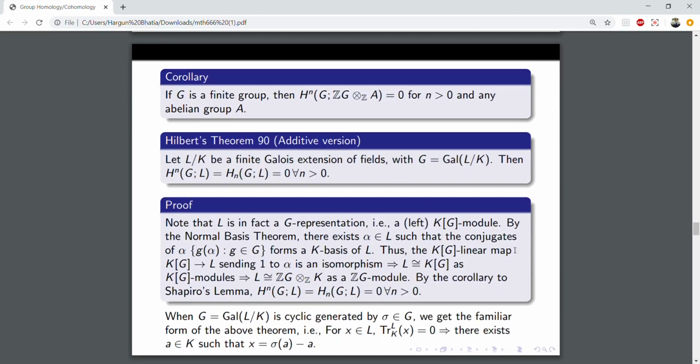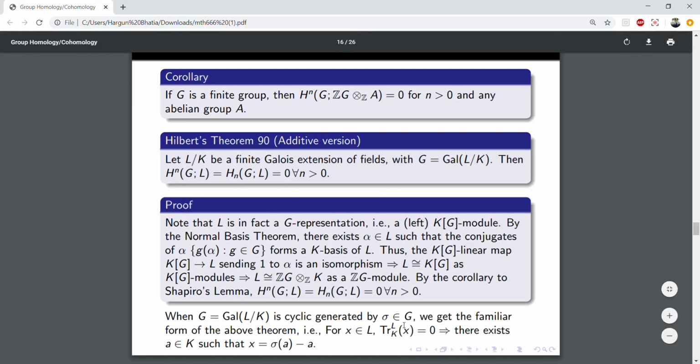Now usually people see it in this version where you take G to be a cyclic group. That means you take cyclic extensions. Suppose that's the case, G is cyclic generated by sigma, then you can convert this result, at least for the first cohomology, because we have tried to describe homology and cohomology groups of cyclic groups earlier.